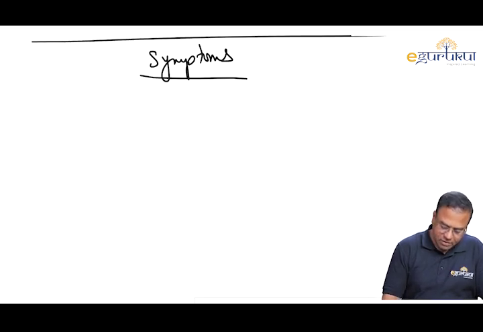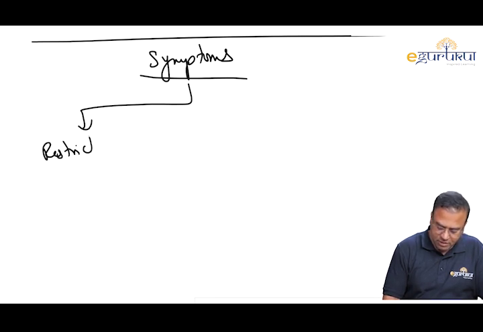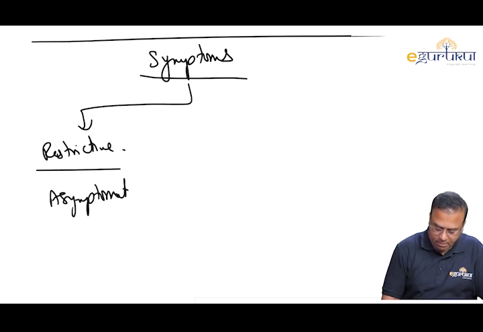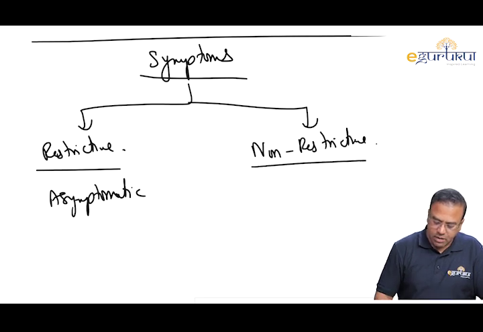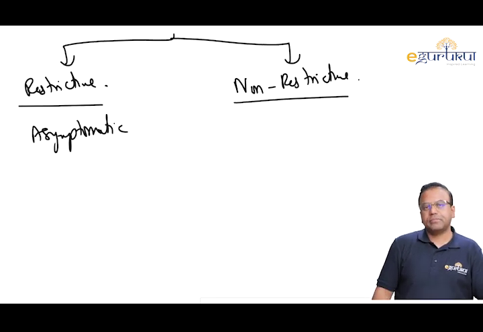As I told you, if it's a restrictive VSD, a small VSD, most of these patients are asymptomatic. But if it's a non-restrictive or large VSD, then the symptoms can be quite early.